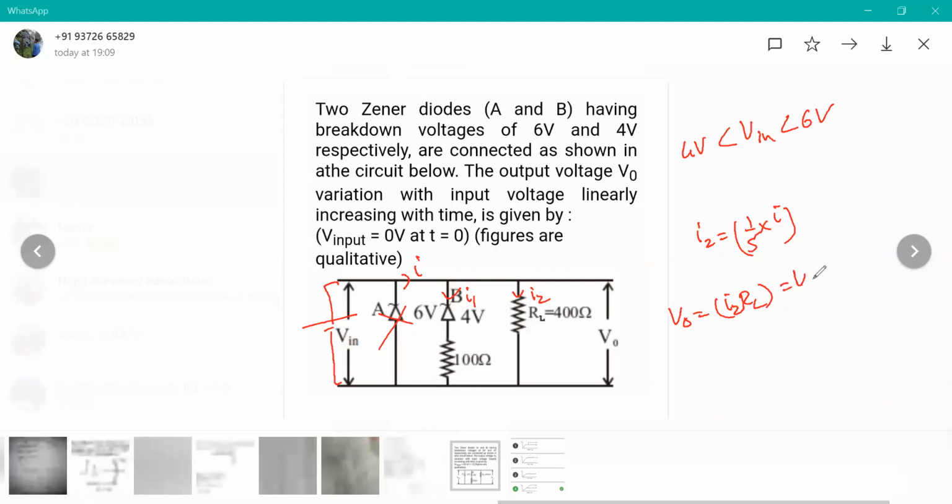So that will be still equal to V input. It will continue to be a series because this branch and this branch are in parallel. So this is clear now.